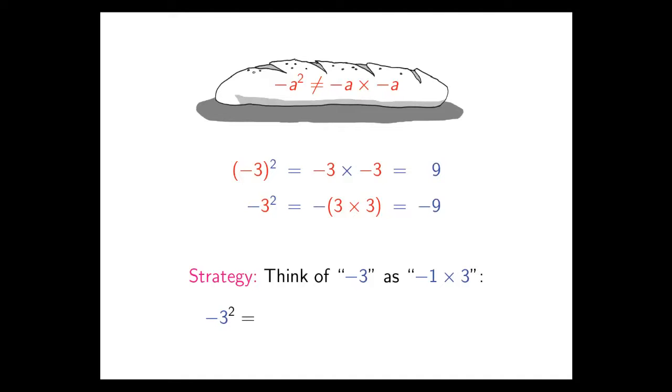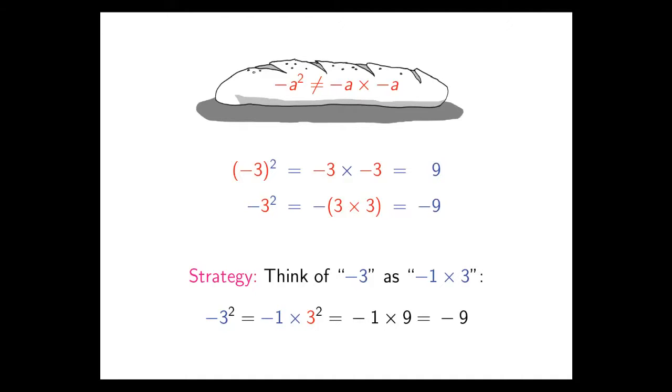So in this case, if you replace the minus 3 with minus 1 times 3, then it's not so easy to make the mistake of squaring the minus 1, because now it looks like the minus 1 is separate from the 3 squared, and that's the right way to interpret it. So now it's pretty clear that it's only the 3 that's getting squared, and we'll get the correct answer.